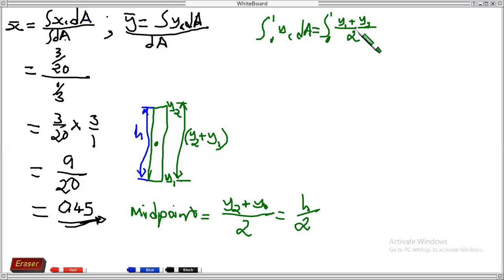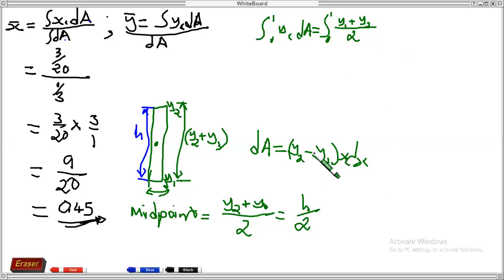Okay, remember the area that we found here previously: the length was the difference, y2 minus y1, times this breadth here, times dx.